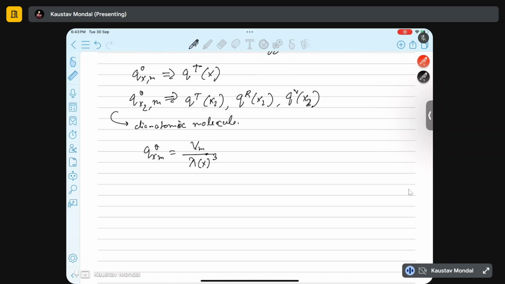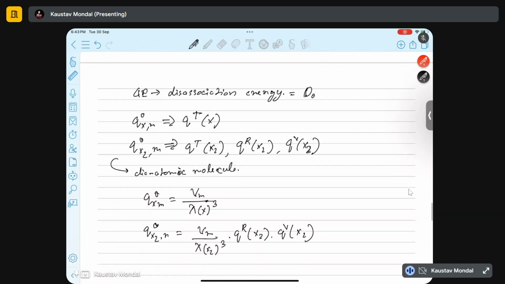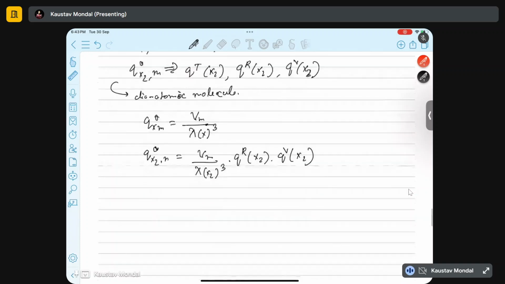So we can write the qX equal to Vm by lambda X cube. Now for the X2, this has also the lambda X2 cube into qrX2 into qvX2, right?